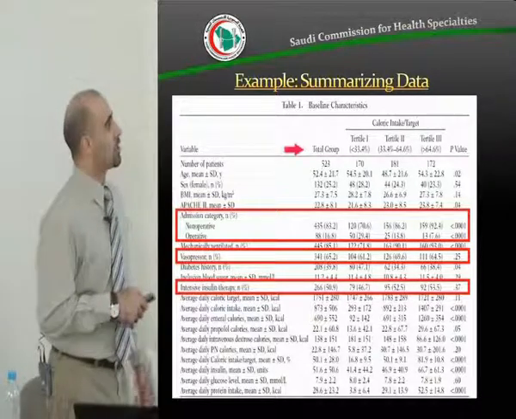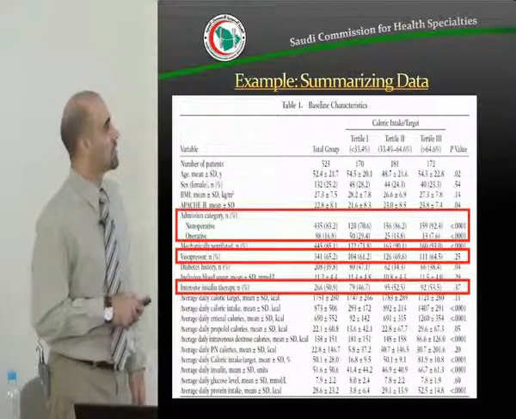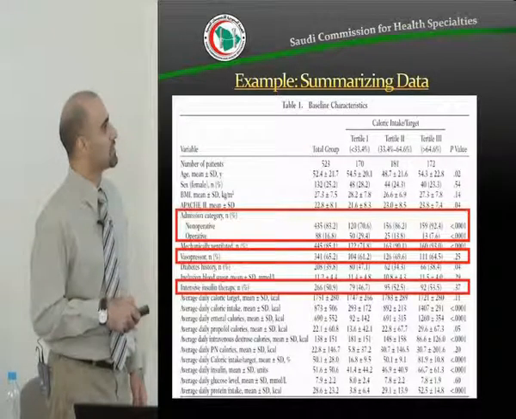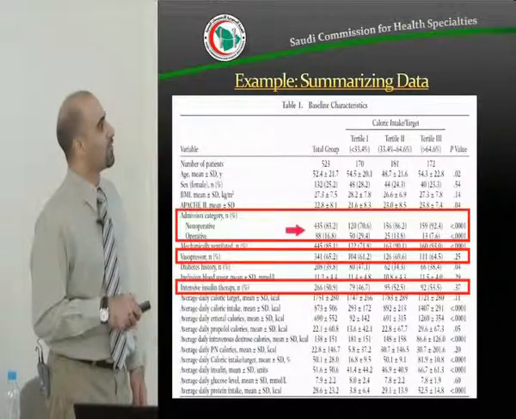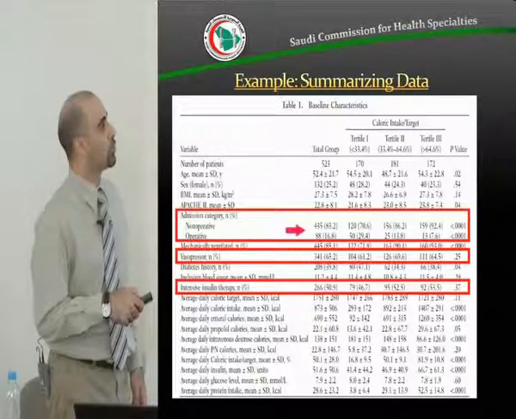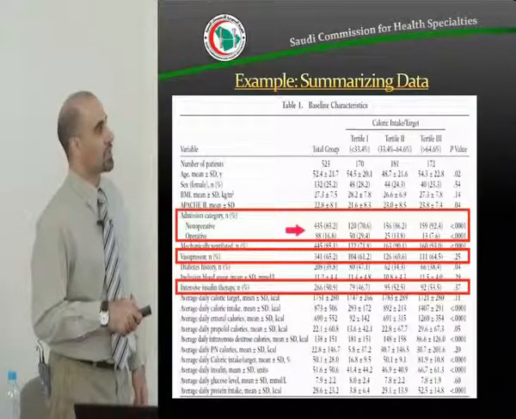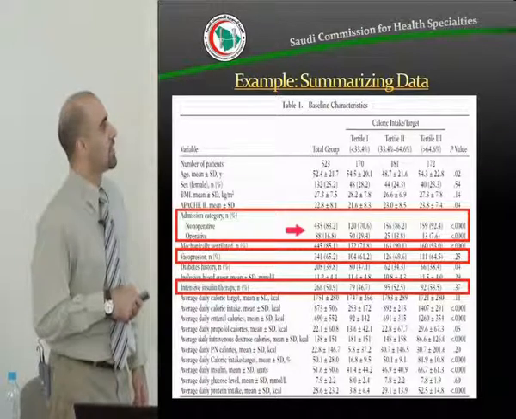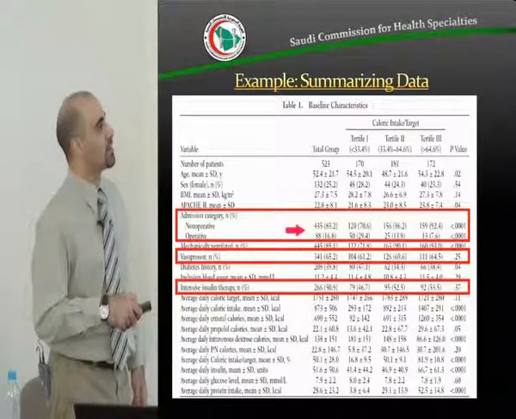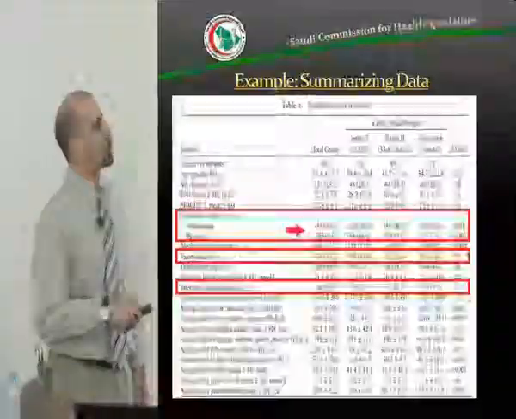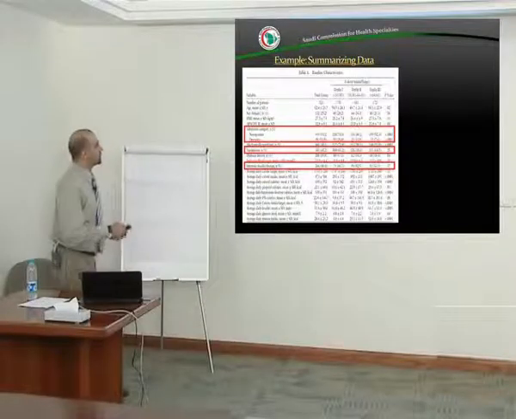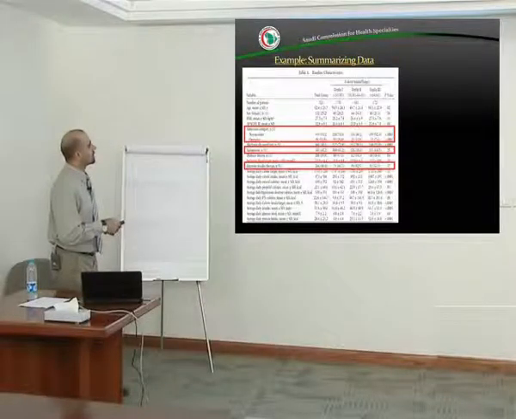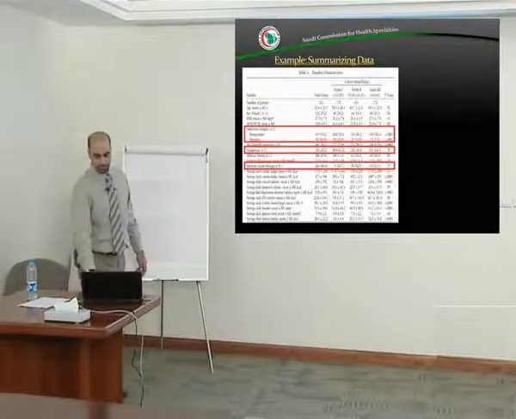Now, any categorical variable, the way to summarize it is by providing number and percent. In this case, I know that 435 out of the 523 total number are non-operative, which is 83.2%, and the remaining 88 out of 523 is 16.8%. The point is, any categorical variable has to be provided by number and percent.